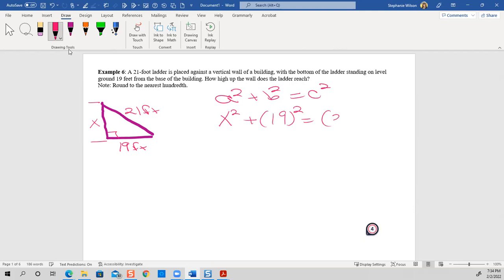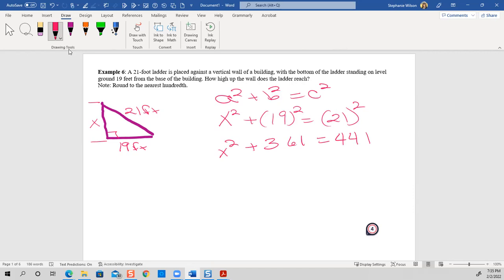C is the 21 feet. So I'm going to go ahead and square the 19. Some may say, why can't we just subtract over there, then do it all in one? You could if you want, just be careful. 19 squared is 361. Let's square the 21. That's 441.